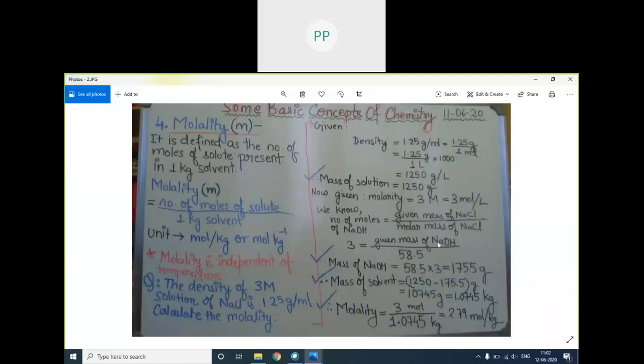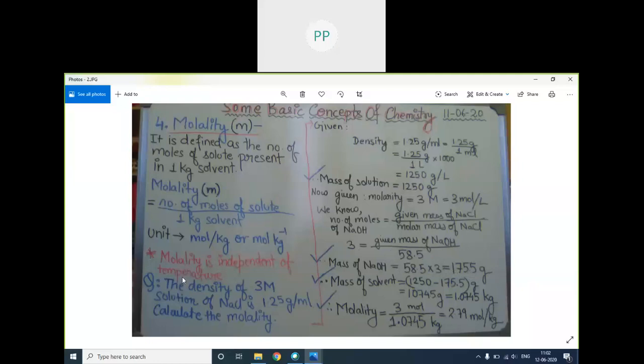Here NaCl, here also NaCl, here also NaCl. Please correct that. So it will come 58.5 into 3. That will be the given mass of NaCl, 175.5 gram.